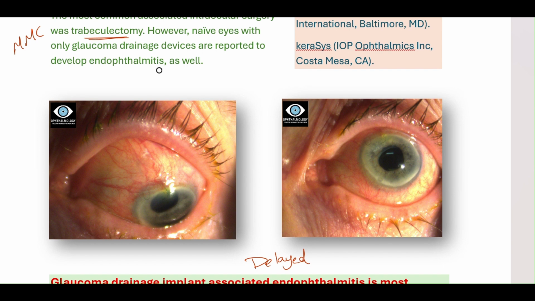This patient didn't have any conjunctival erosion.